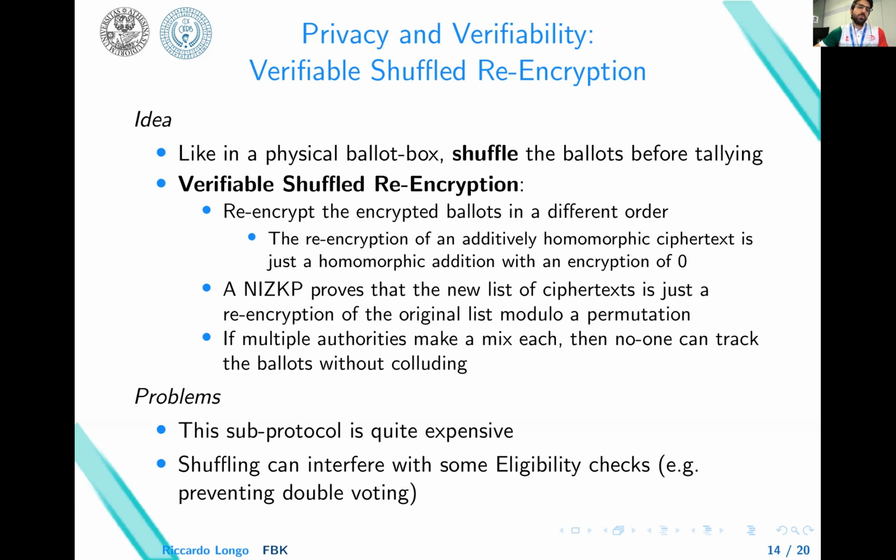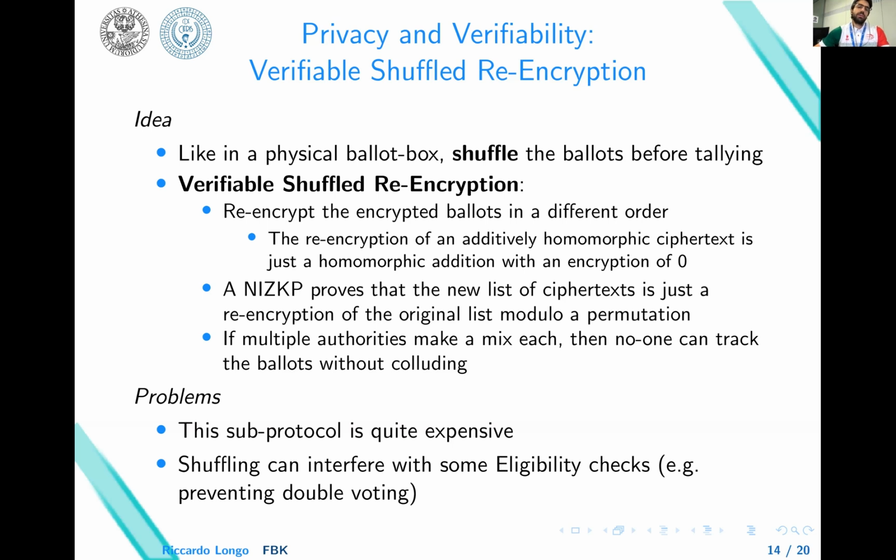Of course, we need a non-interactive zero-knowledge proof that the new list of ciphertexts is just our encryption of the original list modulo a permutation. Unfortunately, I cannot show you an example of this kind of primitive because they are quite complicated.